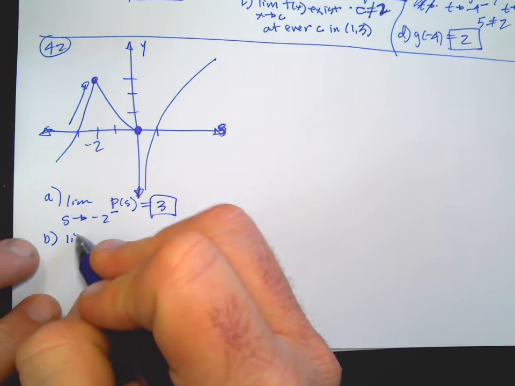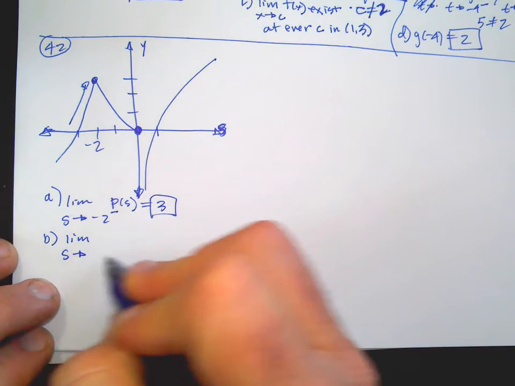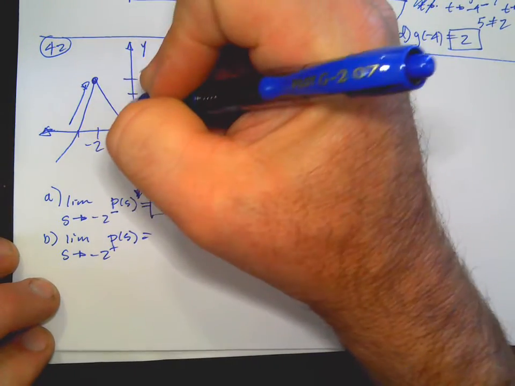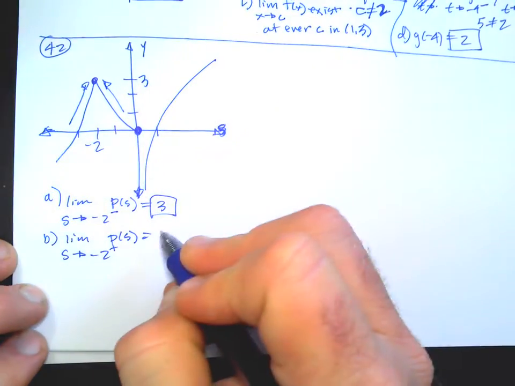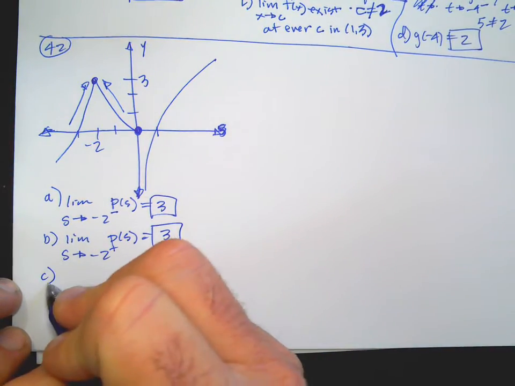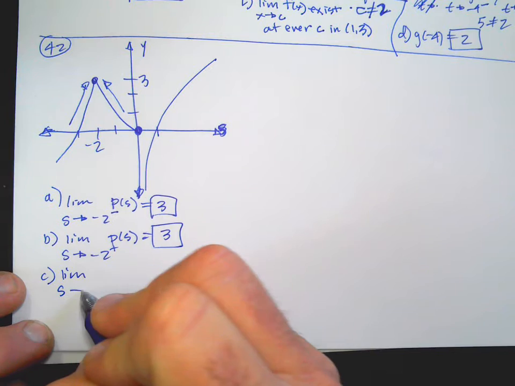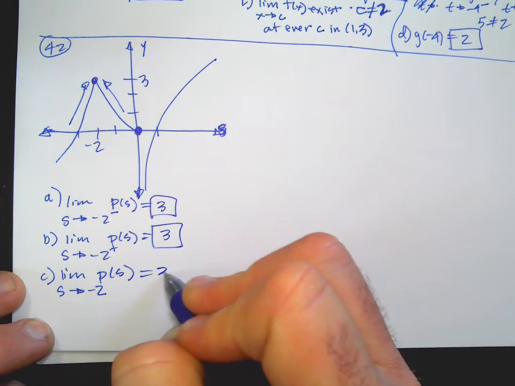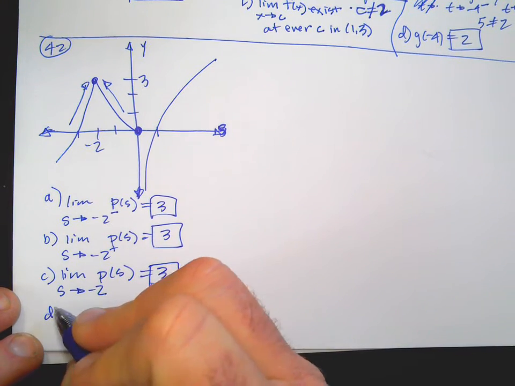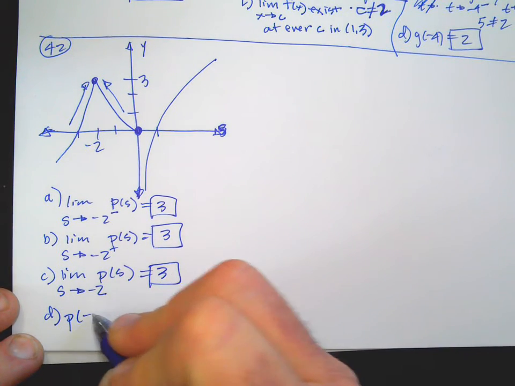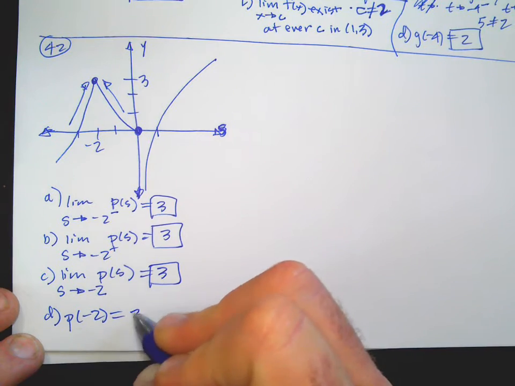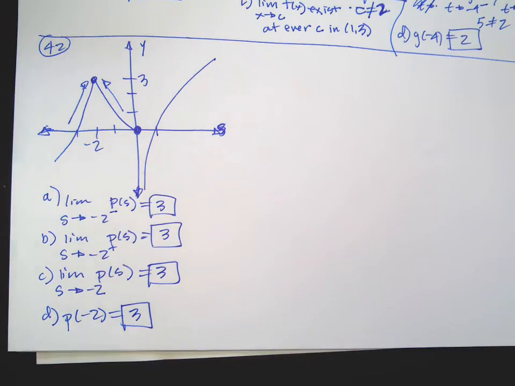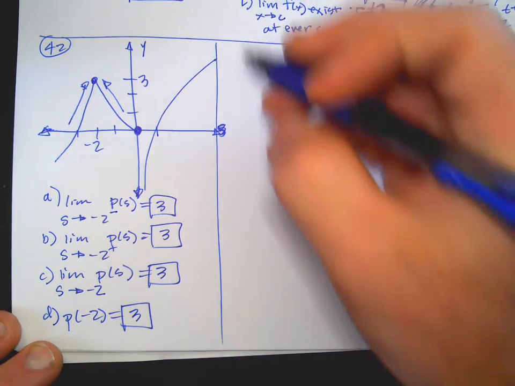B, the limit as S approaches -2 from the right side is 3. So C, the limit as S approaches -2 as a two-sided limit equals 3 because they both equal 3. And then D, this is separate. This didn't have to be true, but the value of the function there is 3. That would just make it continuous. But if there was an open dot there, we still would have got answers A through C the same.